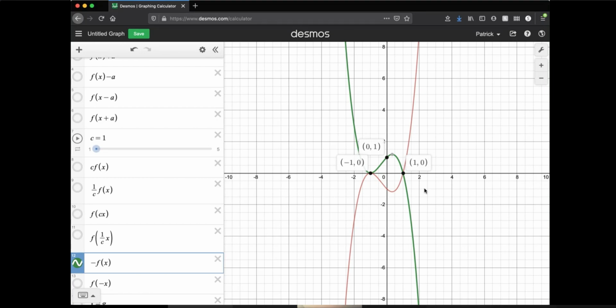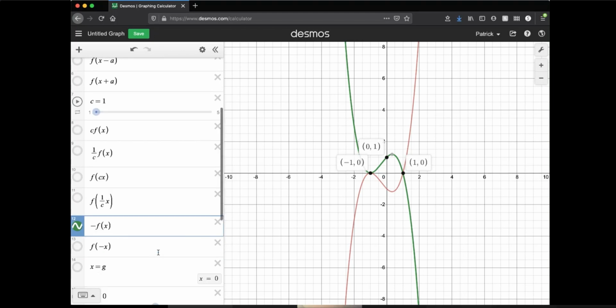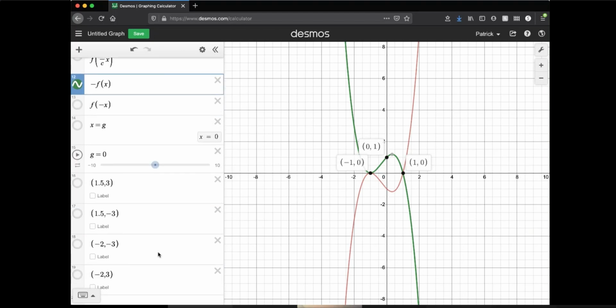So a negative on the outside is a reflection over the x-axis, which affects the vertical direction. That's the thing to take away, is that it affects the vertical direction because it's on the outside.